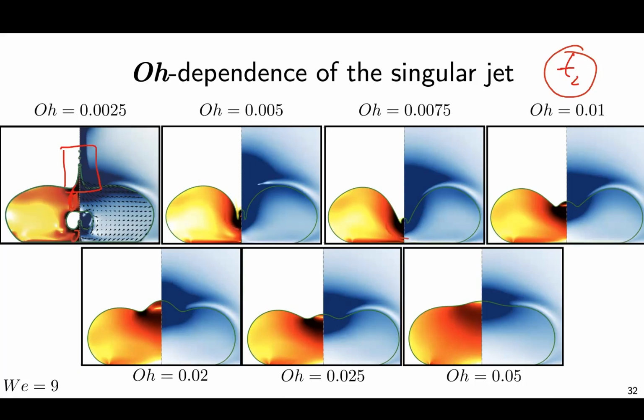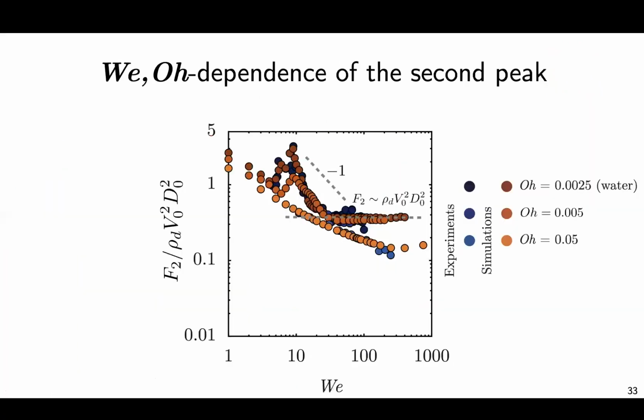However, immediately for a slight increase in Ohnesorge number, first the bubble disappears, and then the jet also vanishes as we go to an Ohnesorge number of, for example, here 0.01. The singular jet vanishes. That leads to this decrease in the second peak, which we saw in this plot over here.